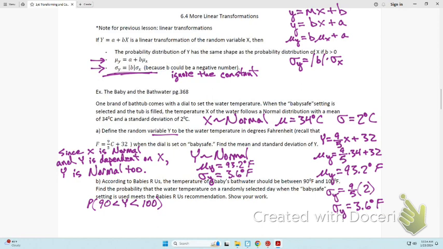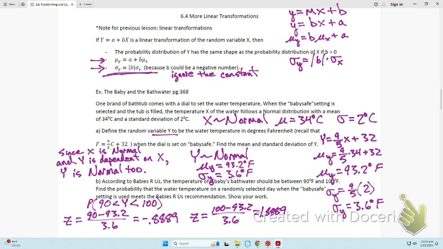We know Y is normal, so let's find some Z-scores. And we end up with negative repeating 8. Let's find 100's Z-score. And we get 1 point repeating 8.